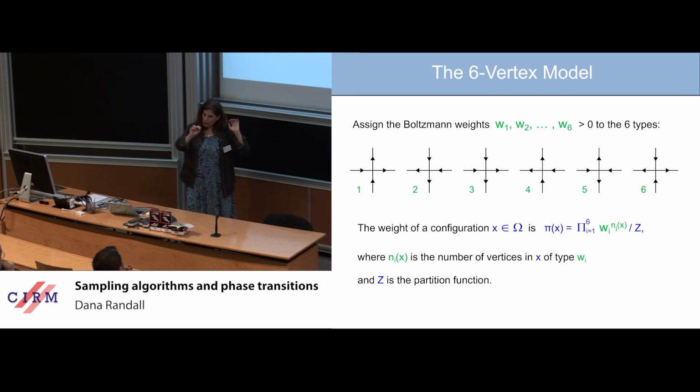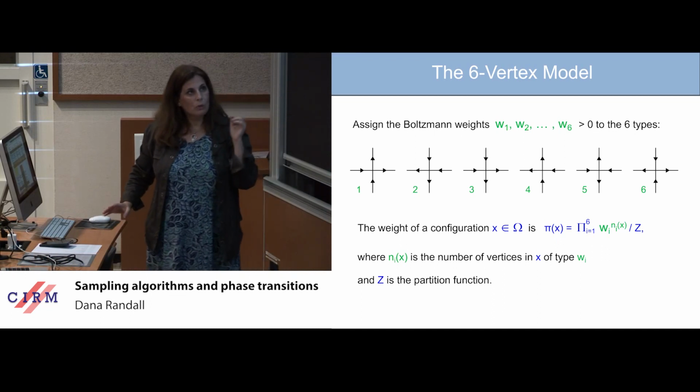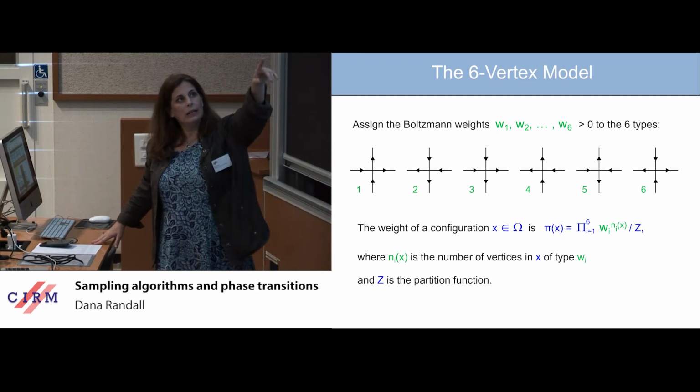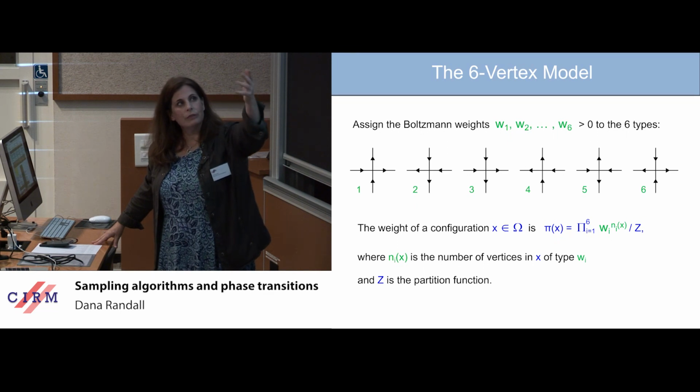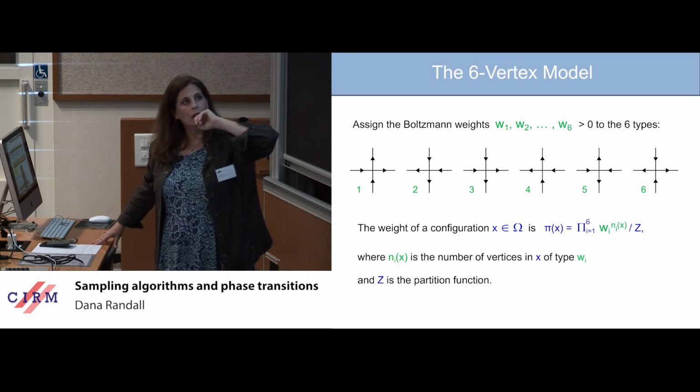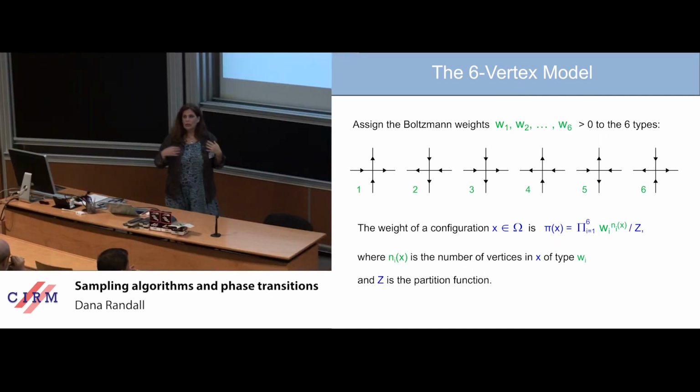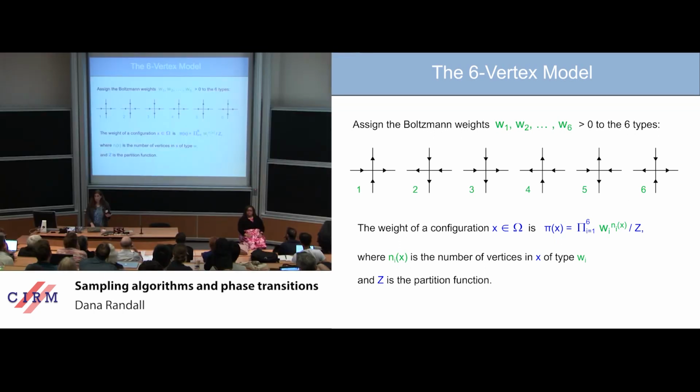It's saying locally what you have at each vertex, and I'm taking the product of all of those. So I have 6 weights, which is way too much, but we'll simplify that. The weight of a configuration is the product of Wi raised to the number of vertices of type i. And then we normalize by Z to make this into a probability distribution, so that's just the partition function.